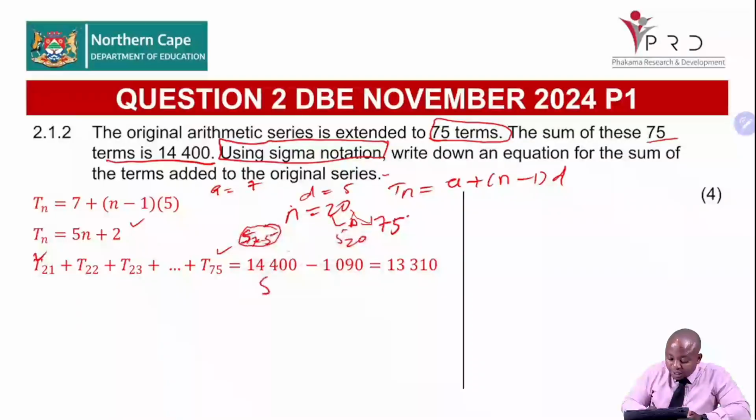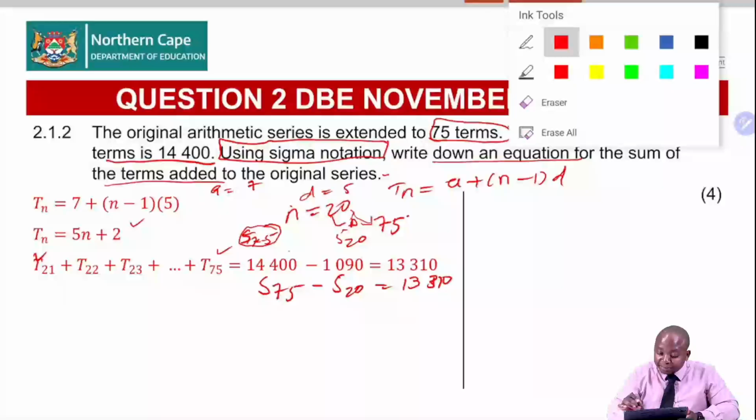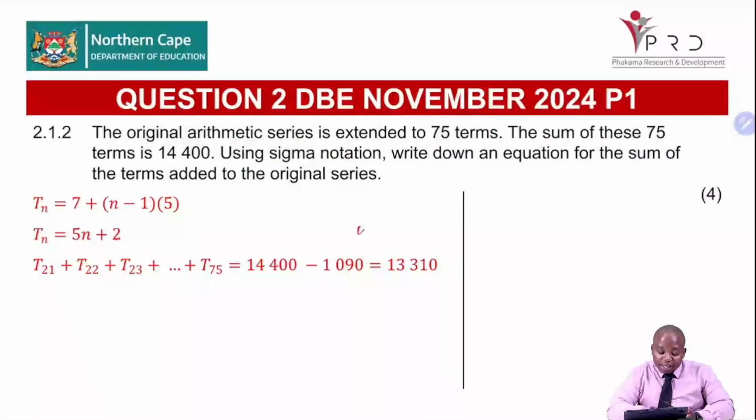So this is S75 subtracting S20. This is going to give me 13,310. Why am I doing this? It is because I am looking for the equation of the added terms to the original, not the equation of all of the terms. That's why I have to work around it in that way.